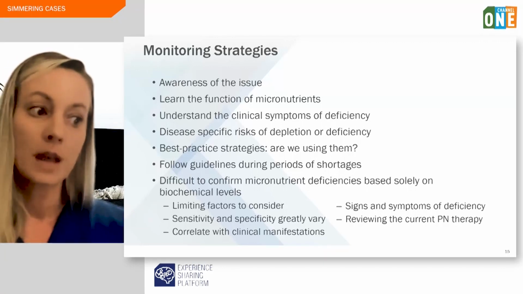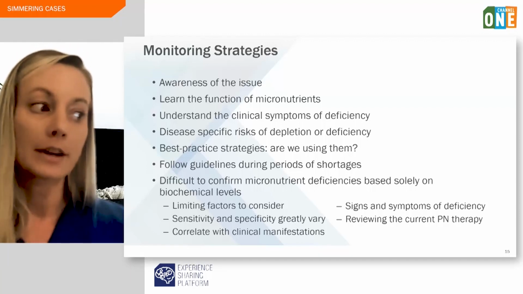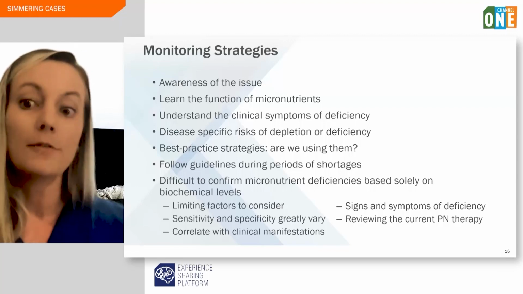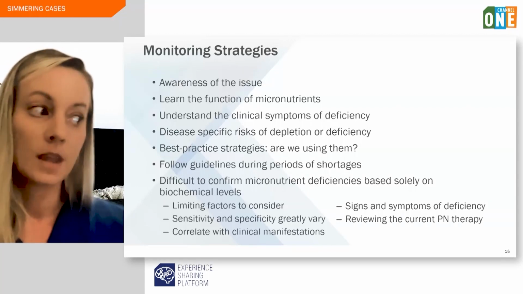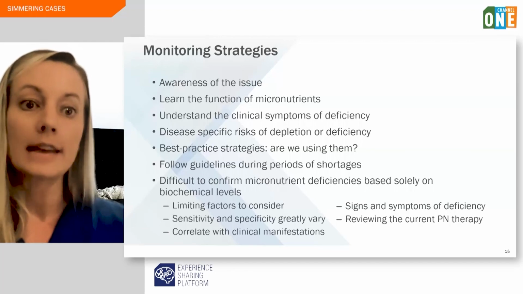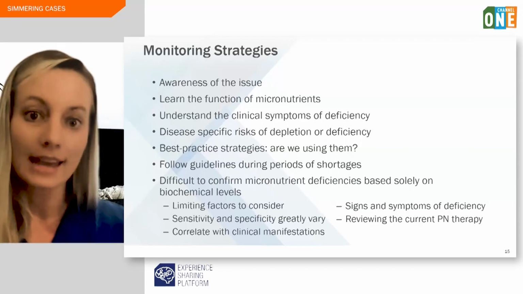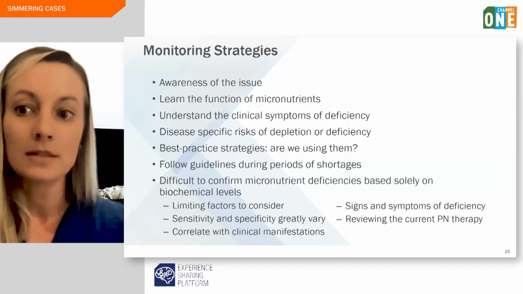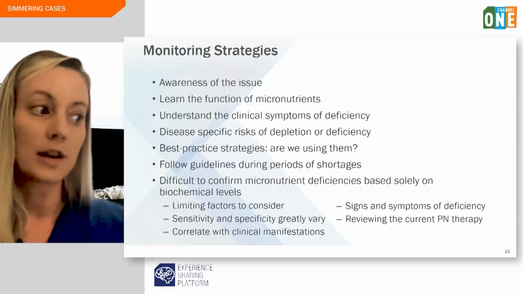Do you have policies in place to monitor for micronutrient deficiencies and repletion strategies? Do you have policies in place during periods of drug shortages? Are you working as part of an interdisciplinary team where you all are on the same page to monitor and trend some of these things? Are different departments doing different things in this respect at your institution?